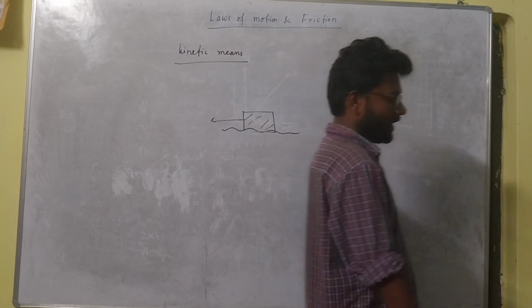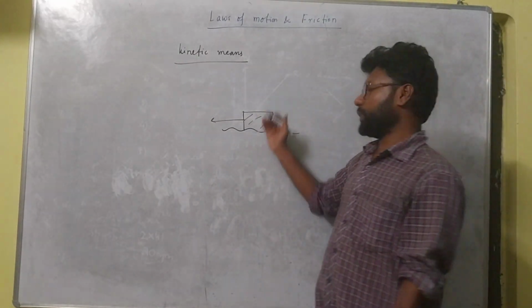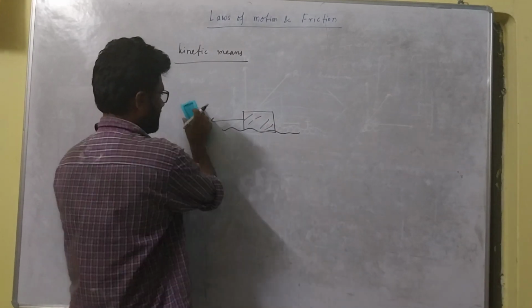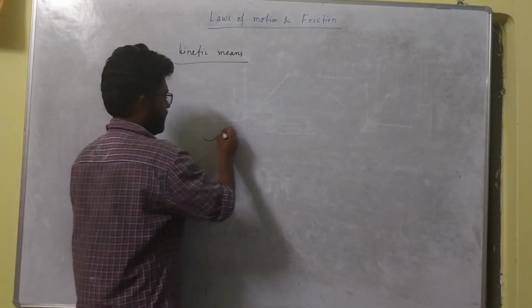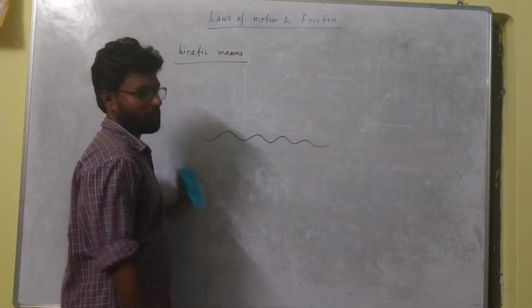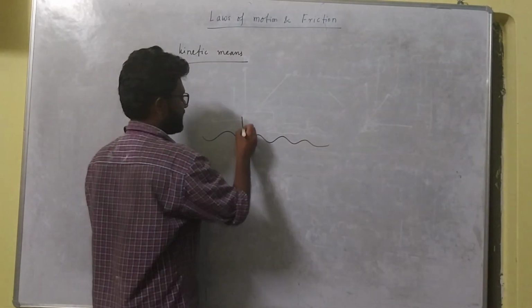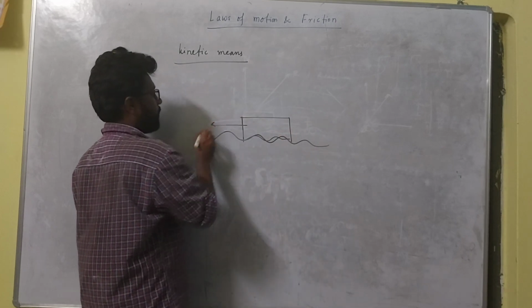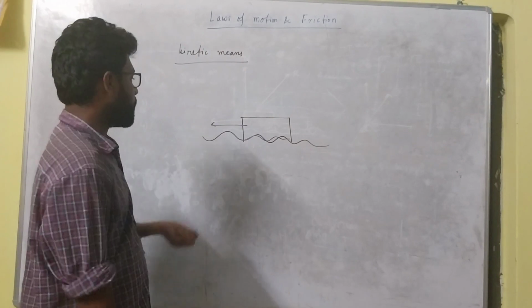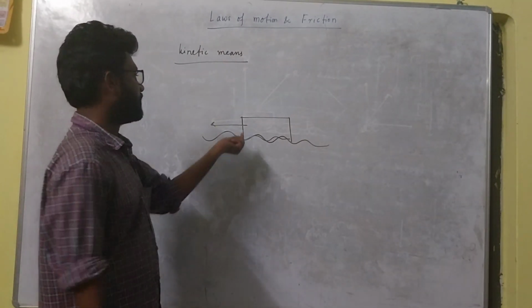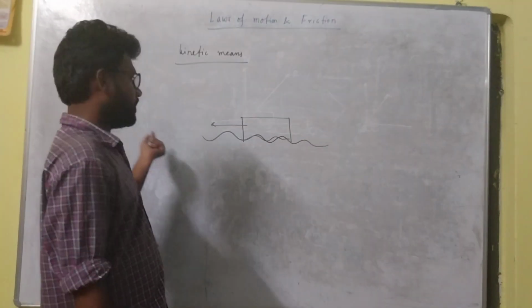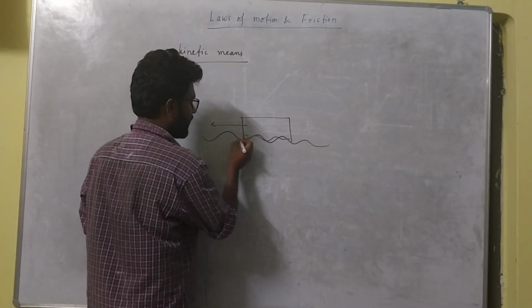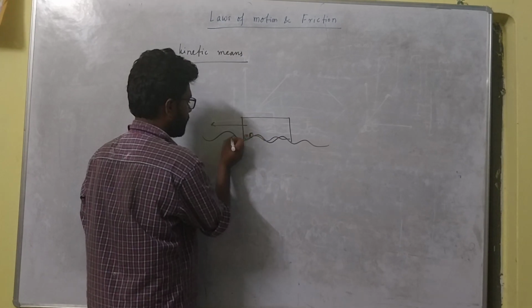If I draw the atomic arrangement of the floor and the block, what will happen? It's an irregular surface of the floor, and now there is a block.